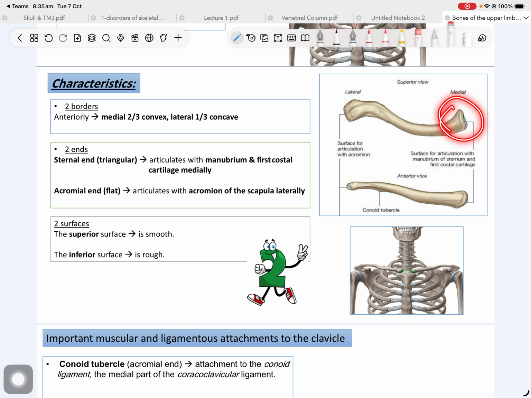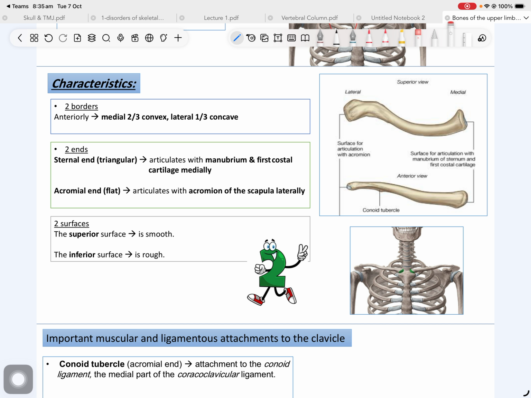According to the ends, we call them either according to their attachment, or according to their location, or according to their shape. So, here, this is the medial side, so I can call this end the medial end. When you go to the lab, you realize that the medial end is triangular in shape.